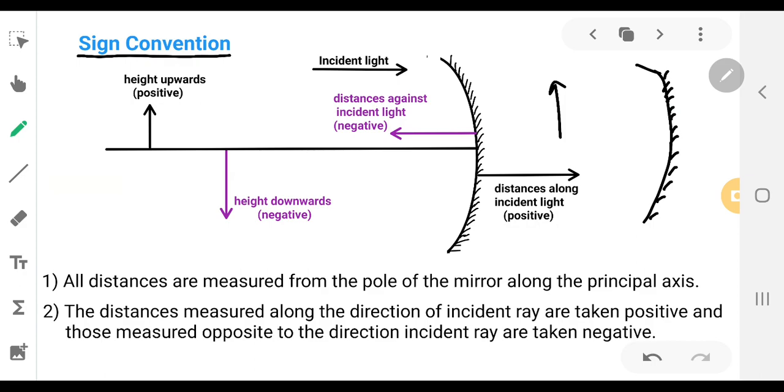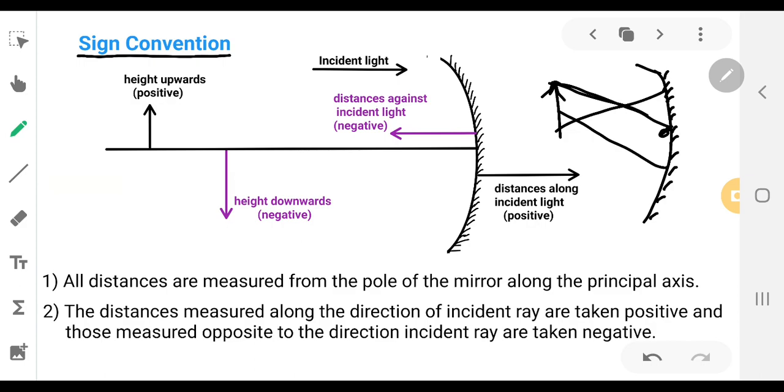But from what point does the measurement have to be taken? If we take it like this, from the mirror to the object, it gives some value. If we measure like this, it gives some different value. So there should be a standard reference for the measurement.